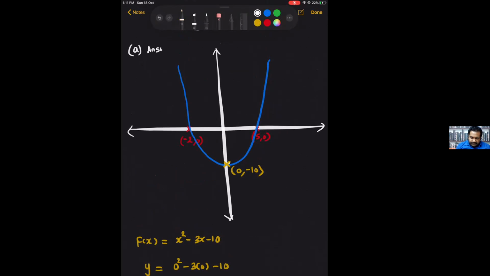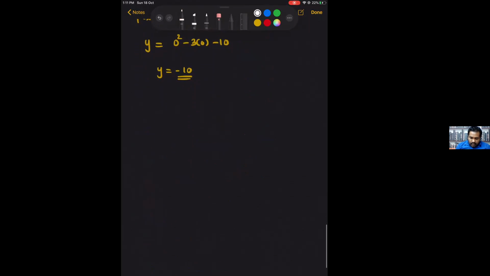Part A answer. Now, part B question. So what is the part B question? We need to do y is equal to modulus of f of x. So what is the rule? What is our rule?